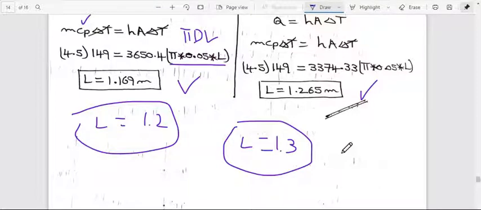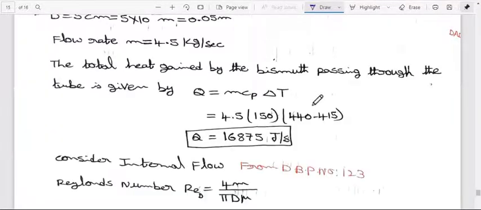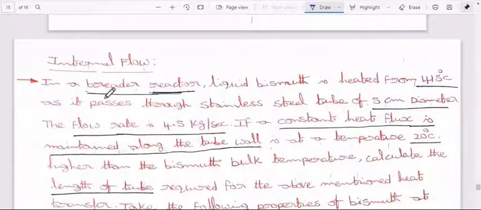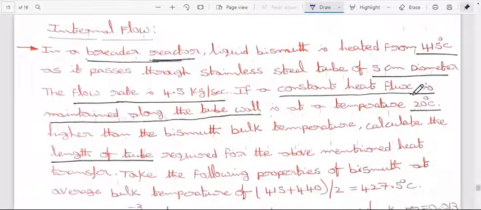So coming to the last problem. This is the reactor. Here in a reactor, liquid bismuth is heated to 415 degrees as it passes through a stainless steel tube of 5 centimeters diameter, the flow rate m is in terms of kg per second.